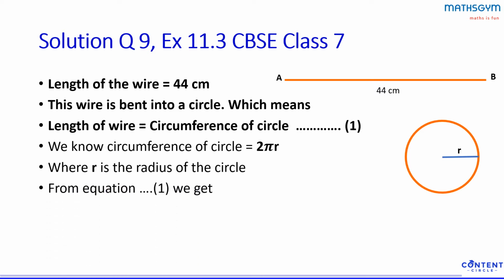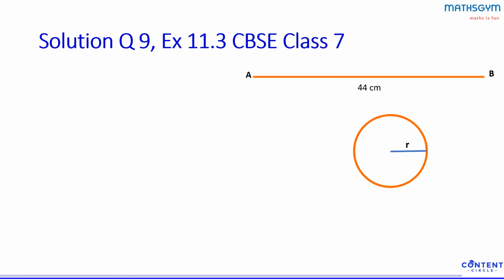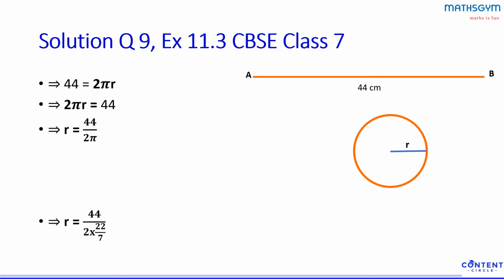From equation 1, which you have seen, the length of wire which is equal to the circumference of the circle, we get 44, which is the length of wire, is equal to 2 pi r. Now we can also write 2 pi r on the left hand side and 44 on the right hand side. So 2 pi r is equal to 44. So r is equal to 44 upon 2 pi, and r is equal to 44 upon 2 into, now we substitute the value of pi, which is 22/7, so it comes into the denominator.